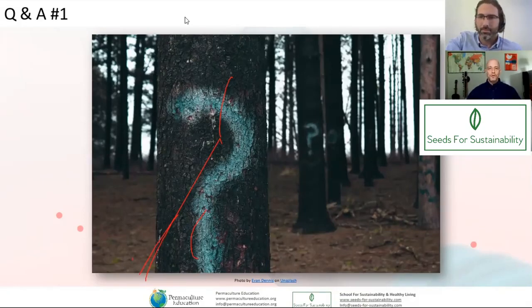No, there is no set template that you can use for permaculture design, because number one, it depends on the needs of the people involved. Number two, it depends on the location and the natural systems that you have in the area.